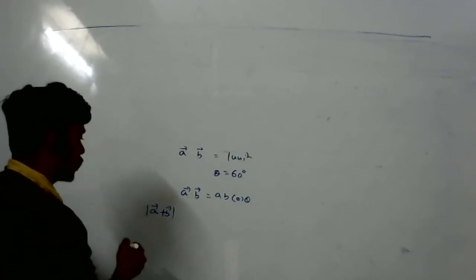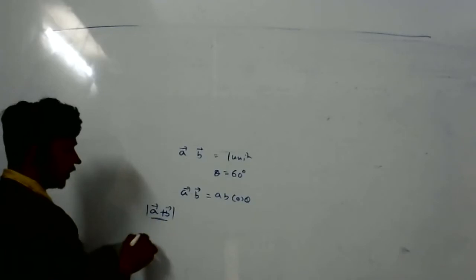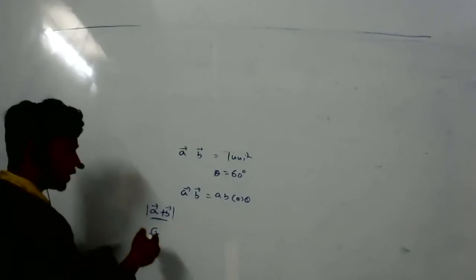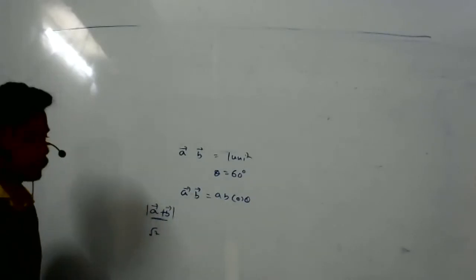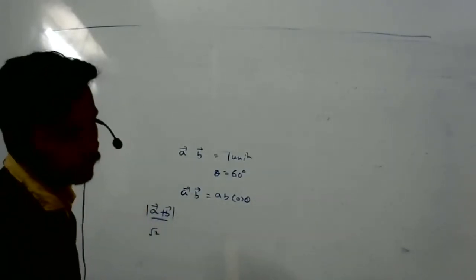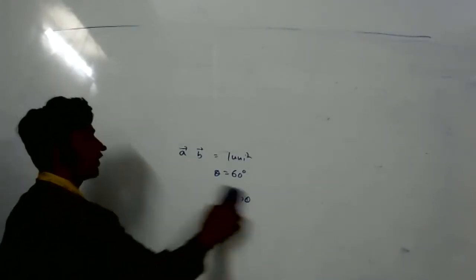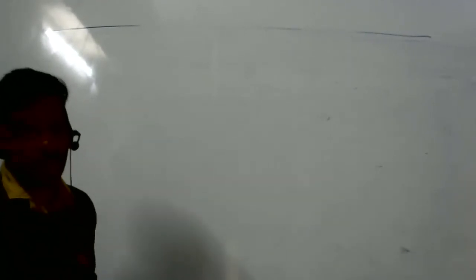So mod A plus B, it will come root 2, right? Root 2, yeah. That root 2 is greater than 1 or less than 1? Check once. Okay, what is the property that we are discussing?